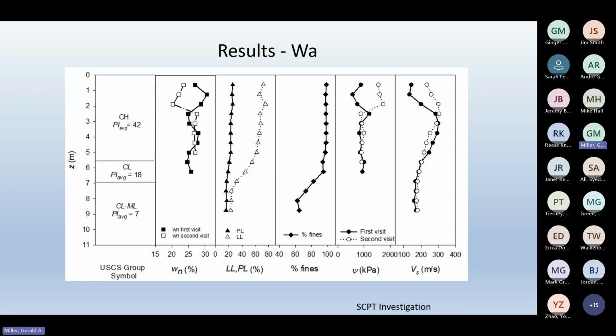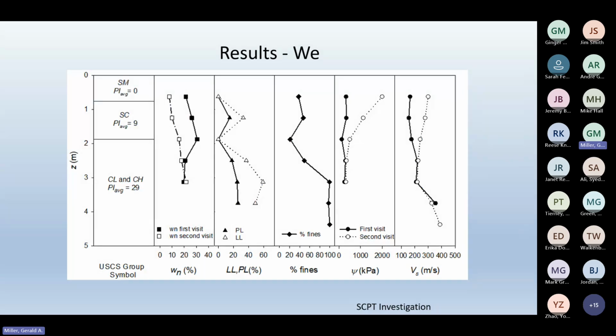There's our variation in suction, significant, and our variation in water content. Now, obviously, this is down to about 2 meters, so we didn't see a lot of change below that. And you'll notice the shear wave velocity correlates pretty nicely to those changes in water content and suction. It's that last plot there on the right. Another site, this is the Wewoka site, I believe. And again, we've got some significant variation in moisture content and suction.